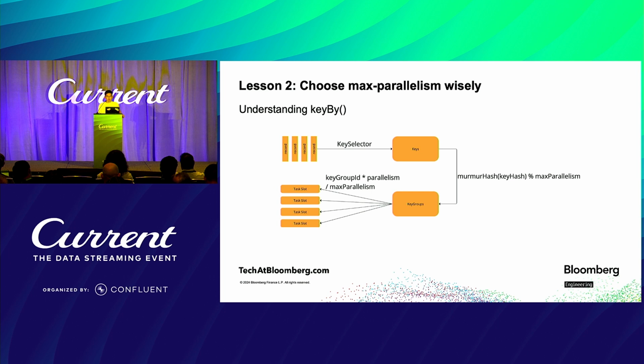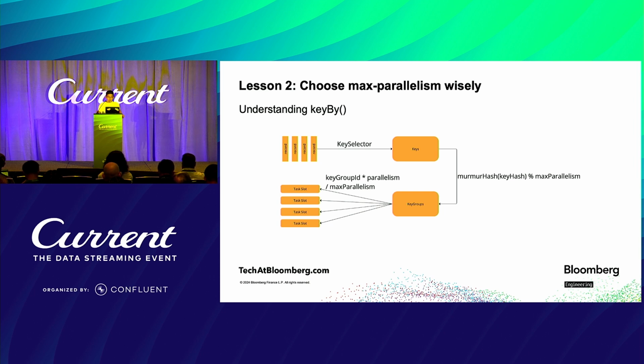The first step is to extract keys out of the input records we have. This is done by applying a user-provided key selector. So when you call keyBy in your application, the API will ask for a key selector, which will then be used to instruct Flink on how keys are being extracted from the records.